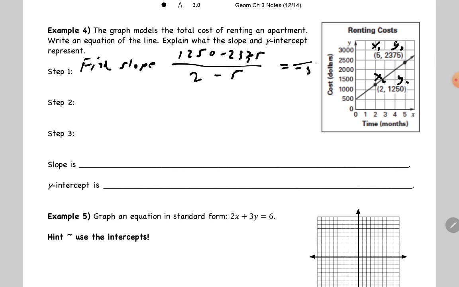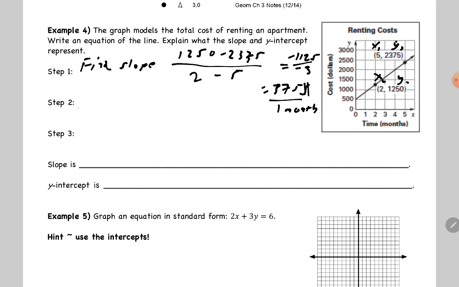I'll get -3 on the bottom, and at the top I'm going to get -1125. So that comes out to be $375 per 1 month.